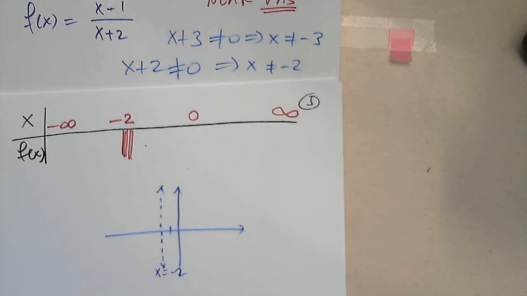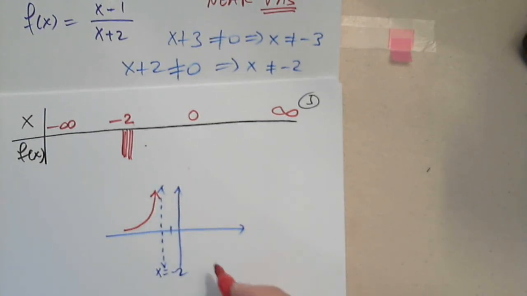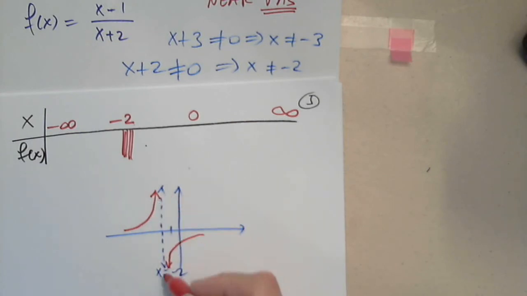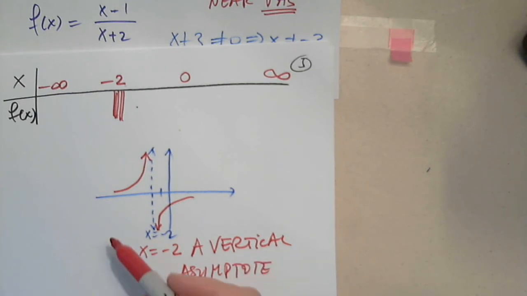So what can happen is, one option would be that on the left-hand side, the function goes to infinity, and let's say on the right-hand side it goes to negative infinity. This situation makes x equals negative 2 a vertical asymptote. The function cannot cross it. The function doesn't exist at negative 2.